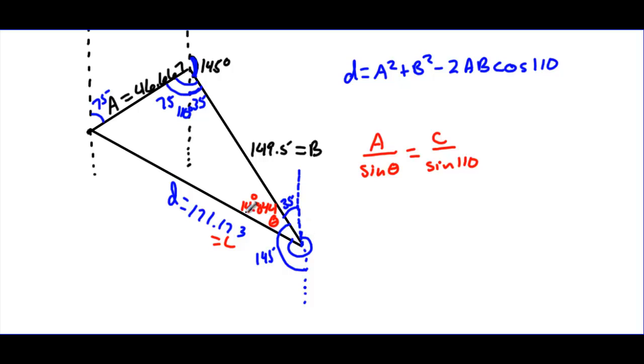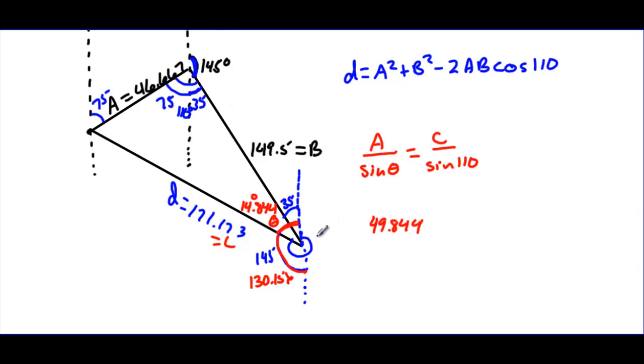Now see if we can figure out what this angle is based on all this information. So if we know that this angle is 14.844 and we know this one is 35, we can add these two together. So we have 35 plus 14.844. These two added together is 49.844. Now that's this angle right here. Now the rest of it from right here needs to be 180 minus the 49.844, and what you get from here to here is 130.156.